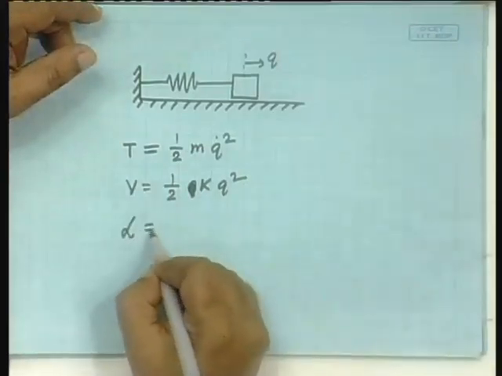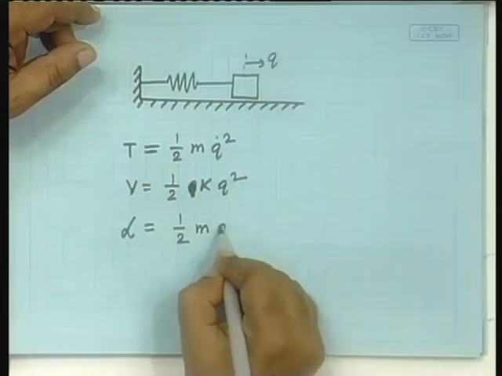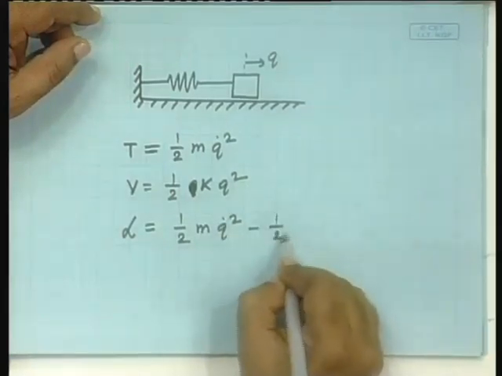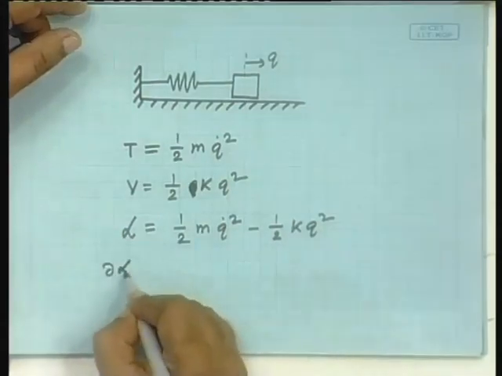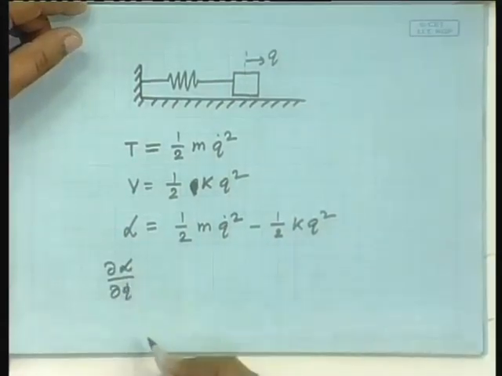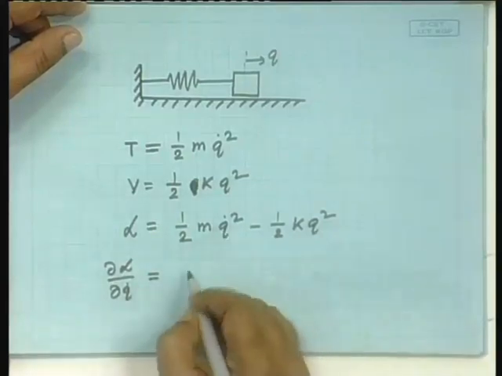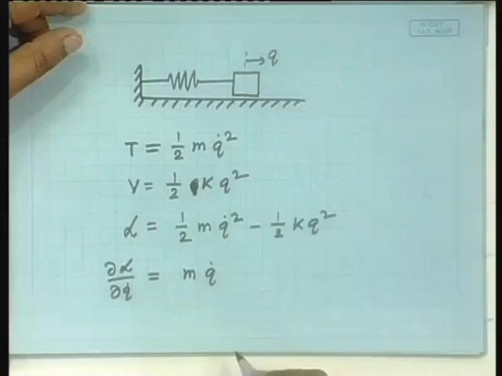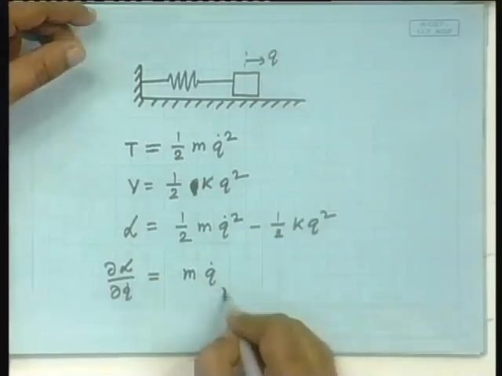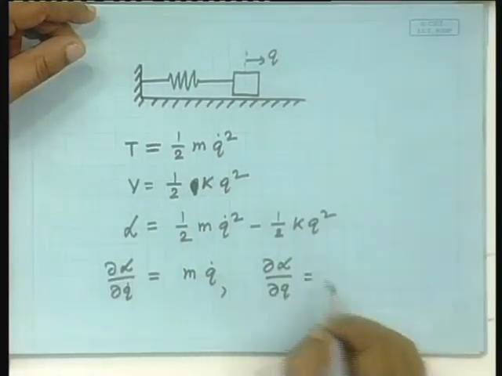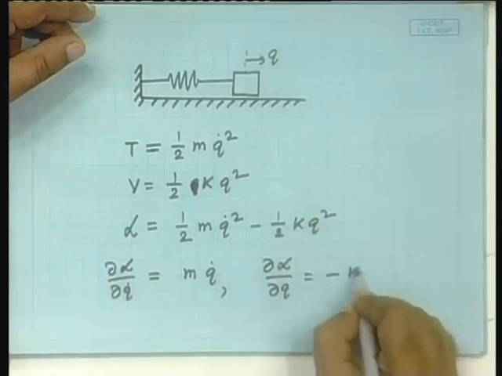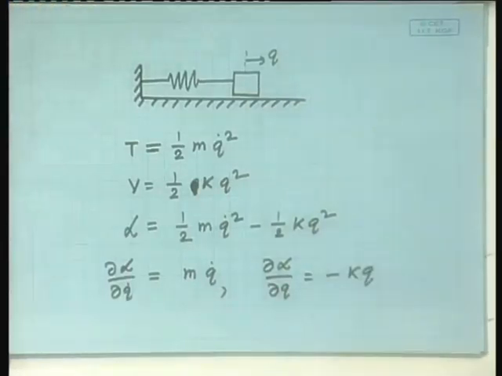So, the Lagrangian is T minus V, half m q dot square minus half k q square, right. So, the derivative of Lagrangian with respect to q dot is m q dot, right, and the derivative of the Lagrangian with respect to q is minus k q, right.